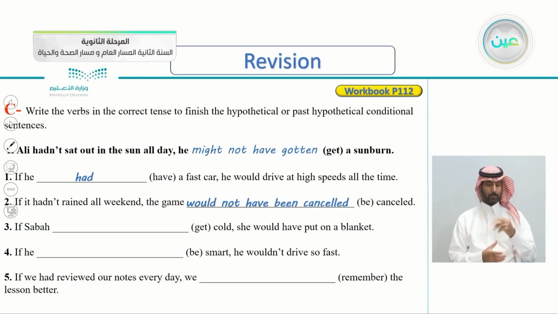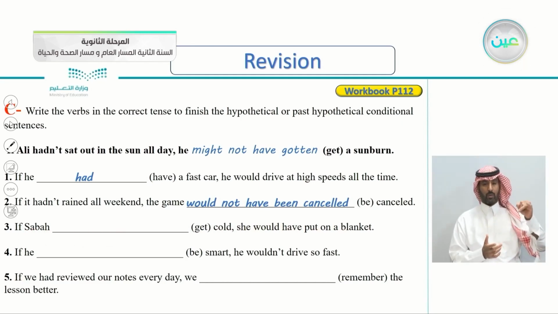Number three, if Sabah get cold, she would have put on a blanket. So what's the correct answer here in the if clause?